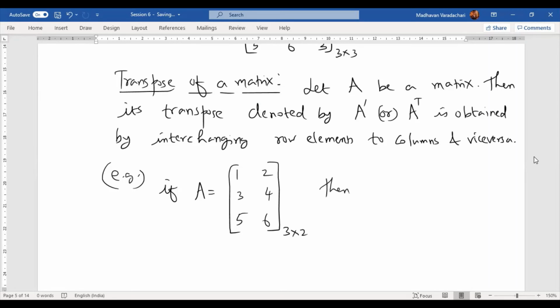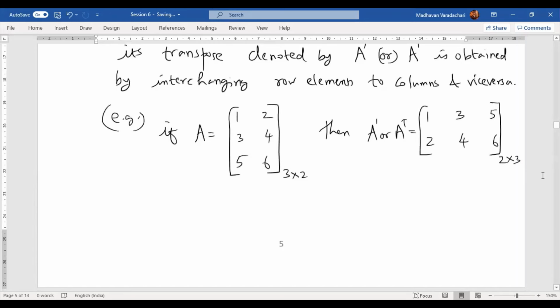Then A dash or A transpose will be 1, 3, 5, which is there in column, will become now row elements 1, 3, 5. And 2, 4, 6, which is in the second column, will become now second row. So 2, 4, 6. So order will completely become opposite. Instead of 3 by 2, it will become now 2 by 3. Means 2 rows and 3 columns.